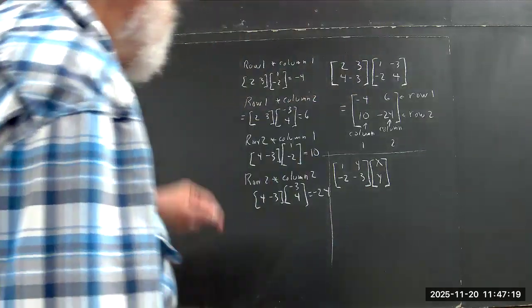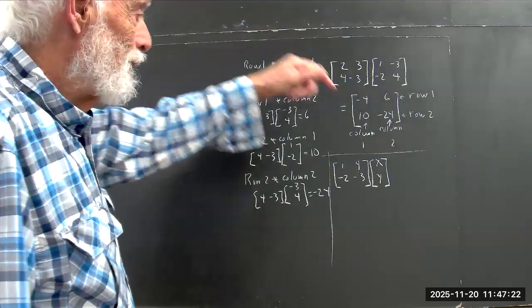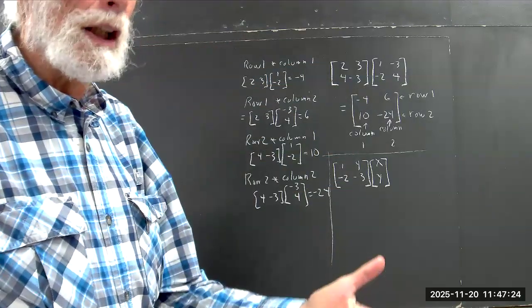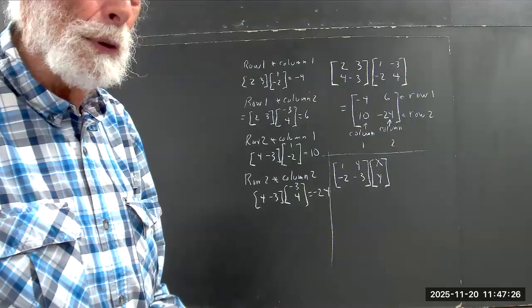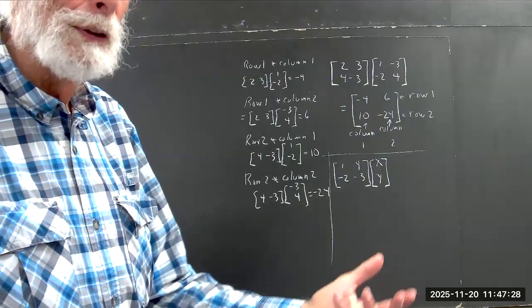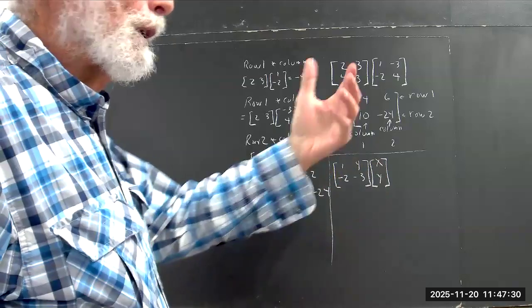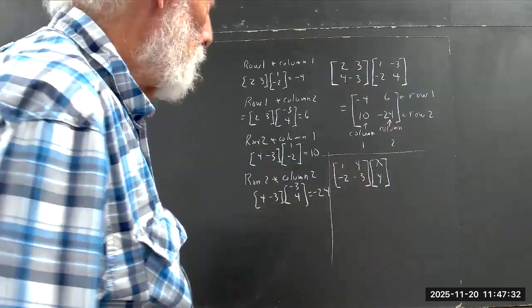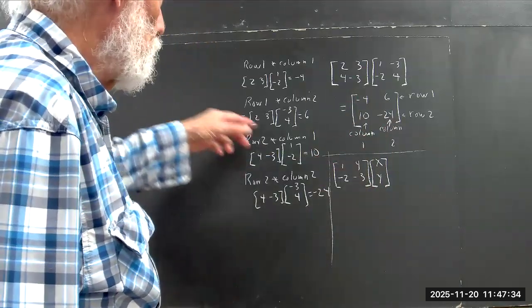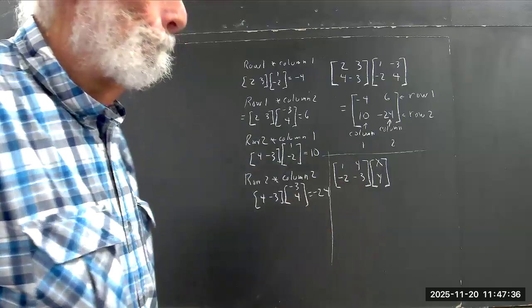And I would start with saying row one times the column. You don't have to call it column one since it's only one column, but you could if you wanted to. Okay, only one column. And then row two times column one.